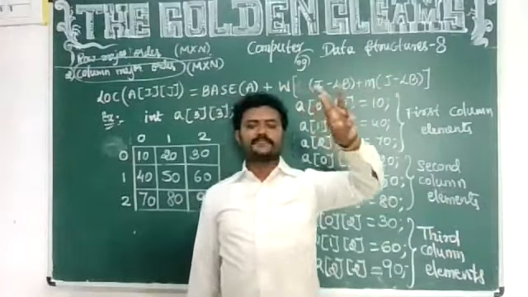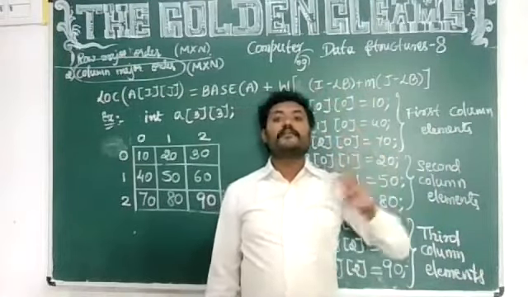In array there are 3 types: 1 dimension, 2 dimension, multi-dimension.